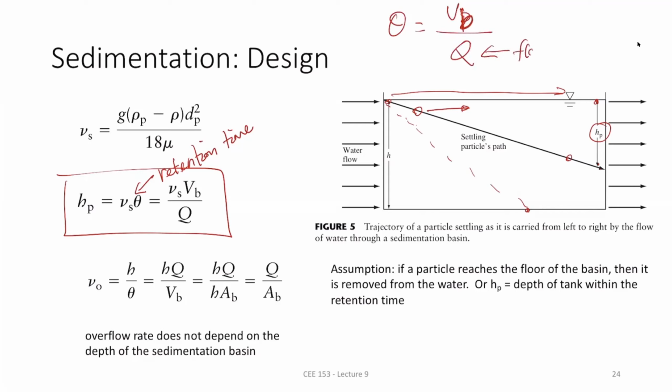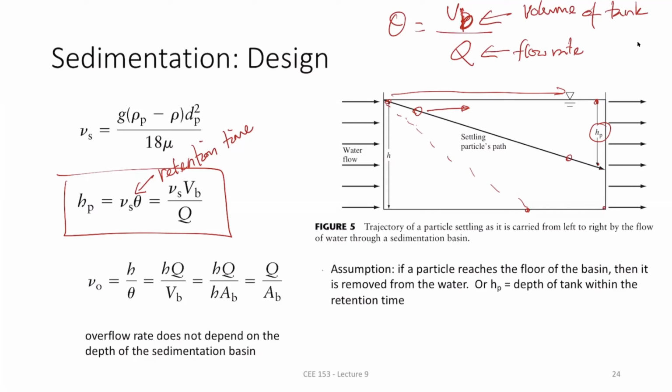So this is the flow rate, this is the volume of the tank. If you multiply, that's the time, that's the effective height that you have to cover. So if hp becomes the entire depth of the system, then you remove all the particulates.